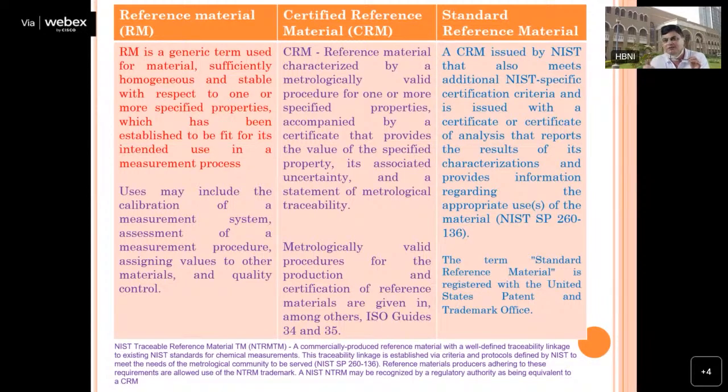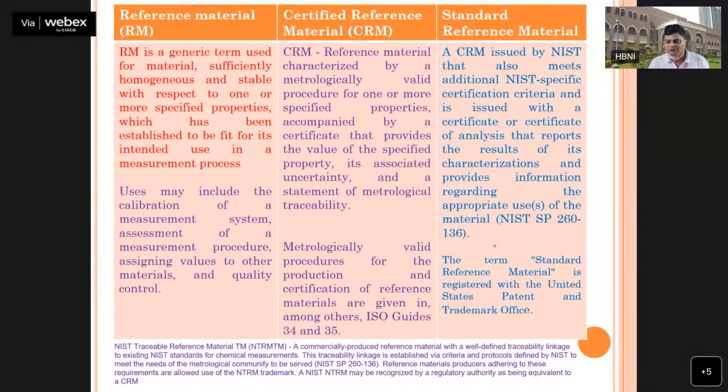The reference material coming from that lab is termed a certified reference material. And if the lab belongs to NIST, the US concern, then it is called a standard reference material. So standard reference material is patented in the United States. Okay.